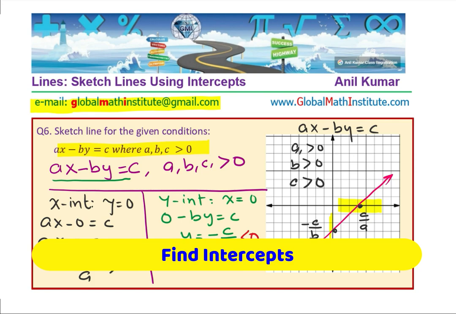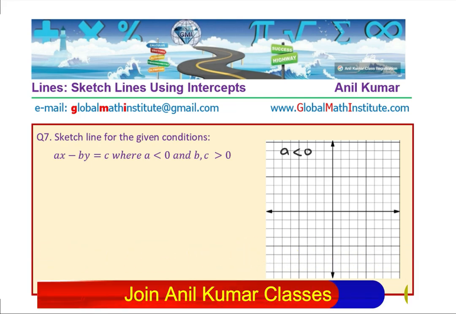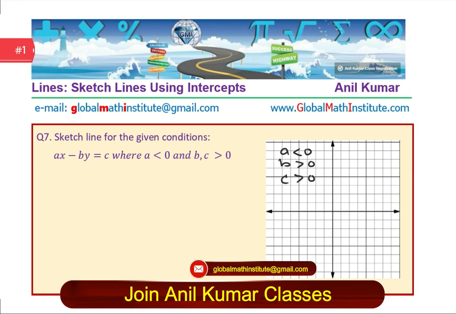Perfect. Now let's look into the next question, which is question number 7 in this particular playlist. So now we have ax minus by equals c, where a is less than 0 and b and c are greater than 0. So we're looking at a, which is less than 0, but b is greater than 0 and c is also greater than 0. The equation is ax minus by equals c.